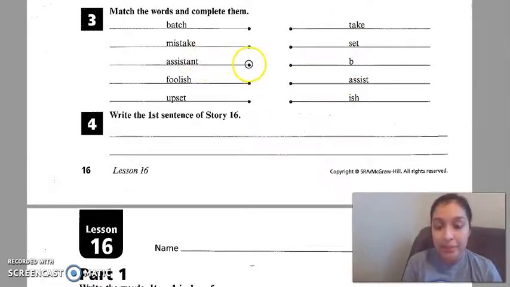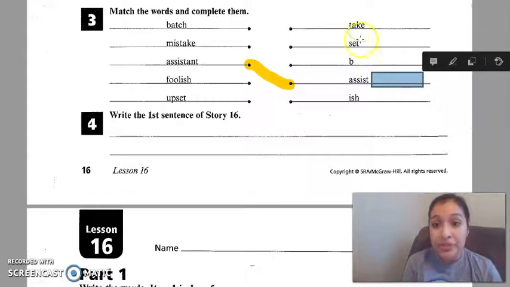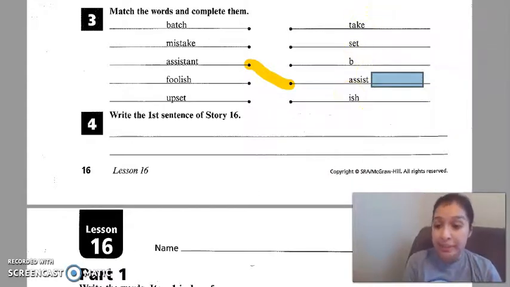Go ahead and touch it on your paper. Awesome. So go ahead and make your line from assistant to here. So you have to make sure you are also writing the rest of the word. So you need to finish writing the word right here. Make sure you're doing that for each one because that's something else we are missing.